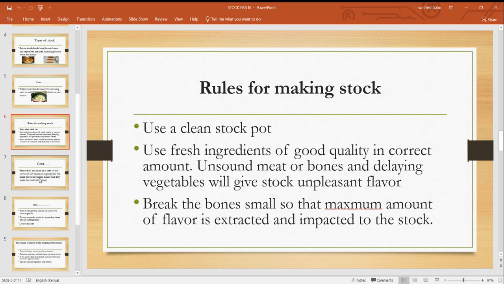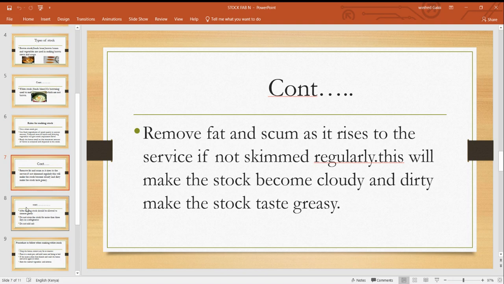The next rule is after the boiling of stock, remove fat and scum as it rises to the surface. If not skimmed regularly, this will make the stock become cloudy and dirty, and make the stock taste greasy.